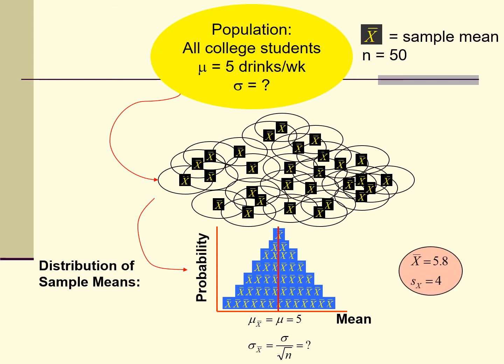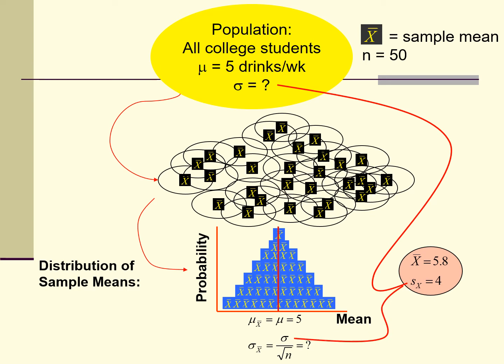Now we take a sample from Hofstra University and compute the mean based on our sample. The mean is 5.8, and based on these 50 Hofstra students, the standard deviation of our sample is 4. Because we don't know the population standard deviation, we use our sample standard deviation of 4 to estimate it.